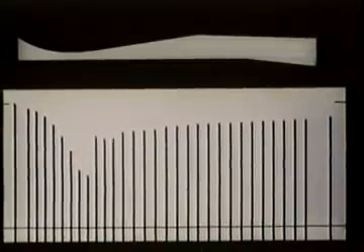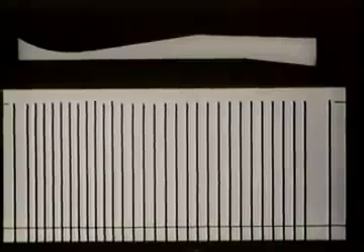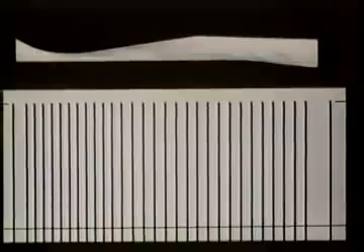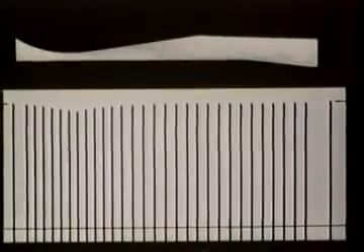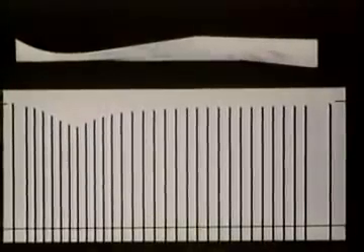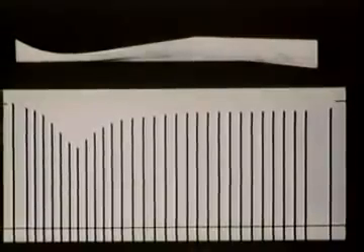We can see what is happening in the channel by using a Schlieren optical system to make density variations visible. The mild boiling motion is turbulence in the room outside the channel. Now, watch the throat.